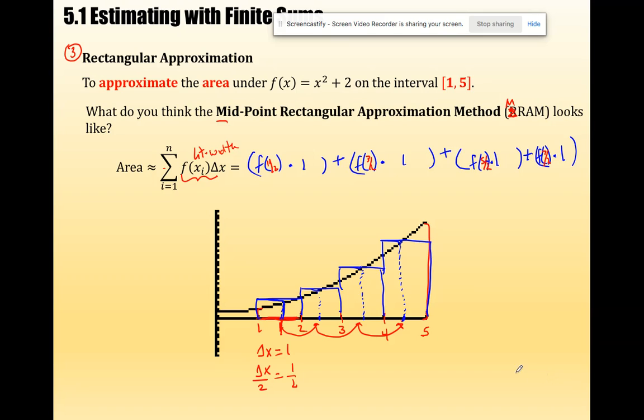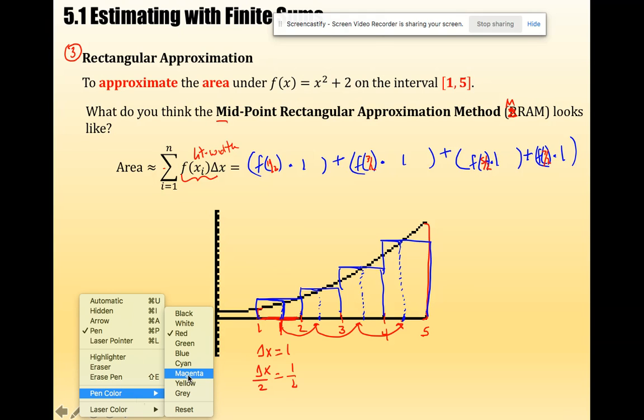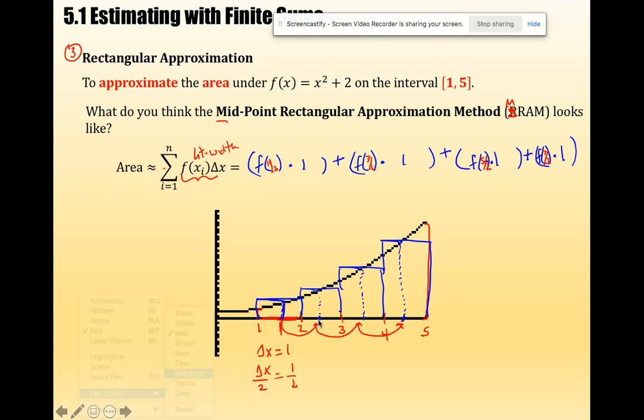That's MRAM. Now it's a little harder to tell whether MRAM, what do you think? Is MRAM too high or too low? Or is it just right? Well, it's not still just right, is it? But here's what you're doing. You're trying to say, well, for each one of these rectangles, this one has a little bit of area above, and still a little bit more. But look at this rectangle. This has a little bit of area above, but it's also got below. Right?